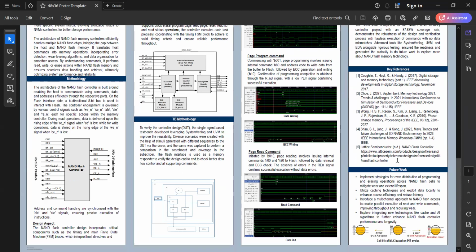Maybe we can focus on how to improve the technology in order to reduce the wear leveling of the cells of NAND flash. So I think that's all from our side, and we hope you liked this presentation.